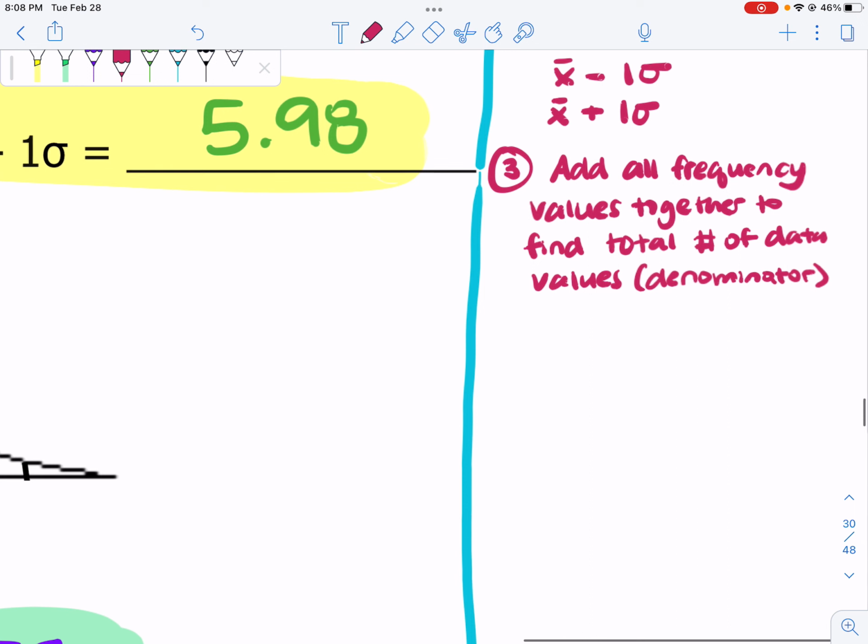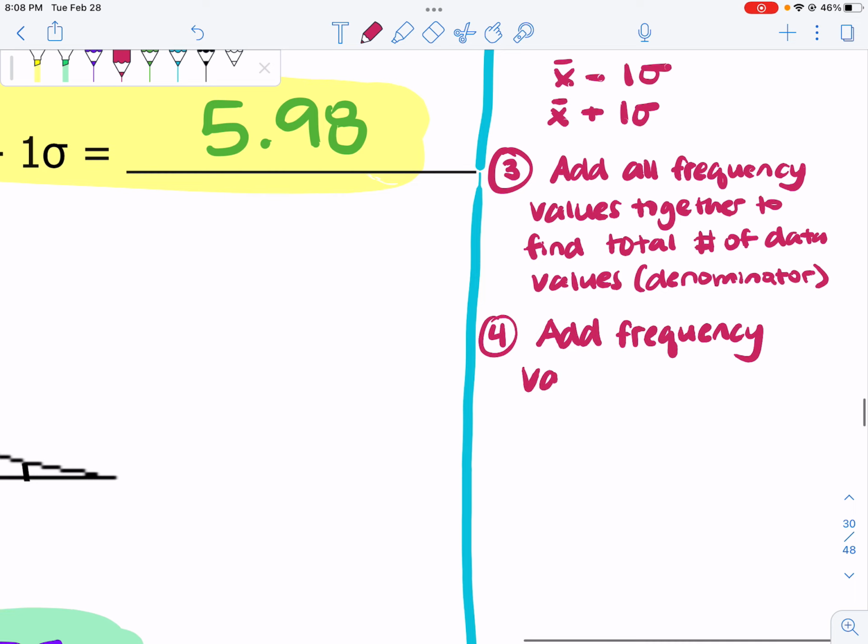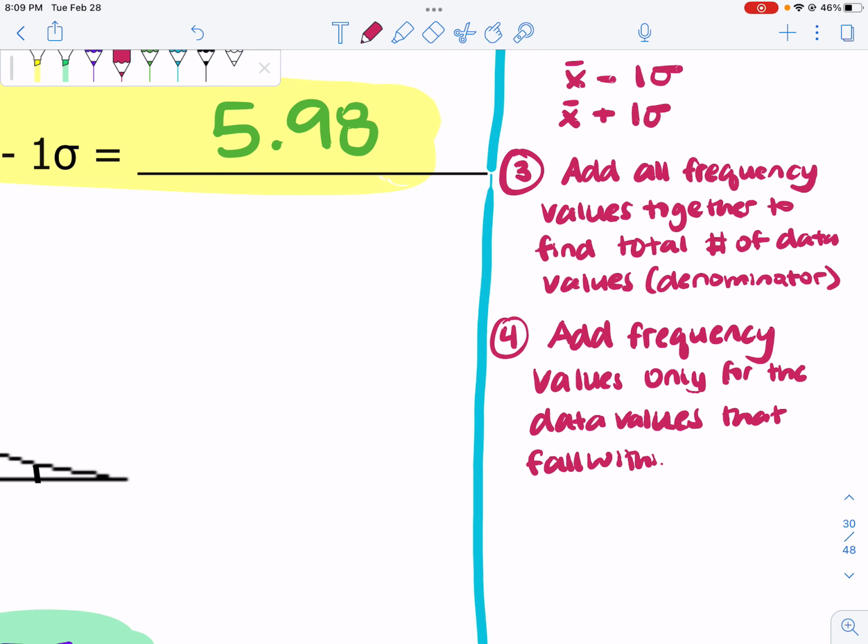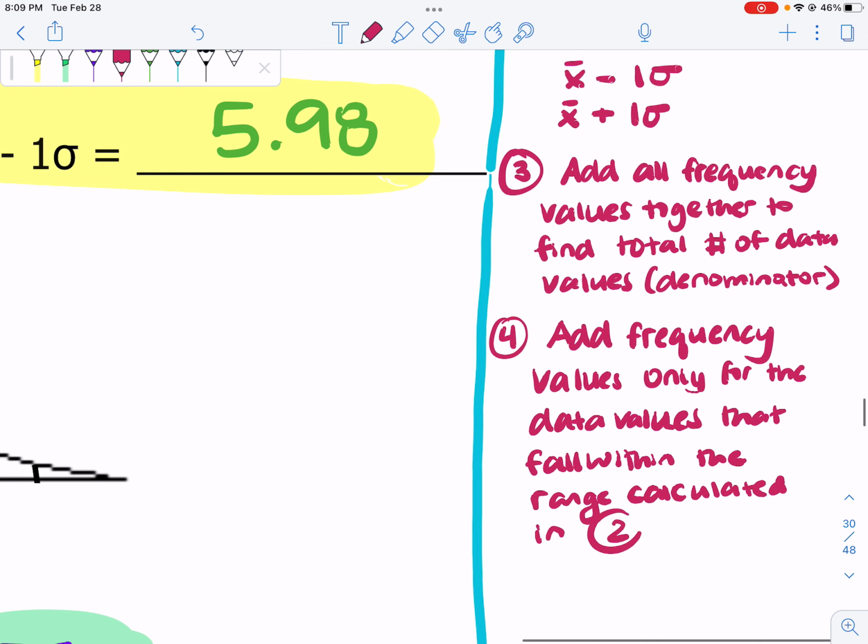So, here we go. For finding our numerator, we will add frequency values only for the data values that fall within the range calculated in step 2.